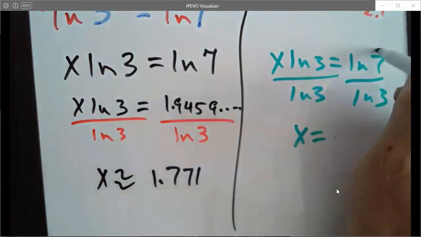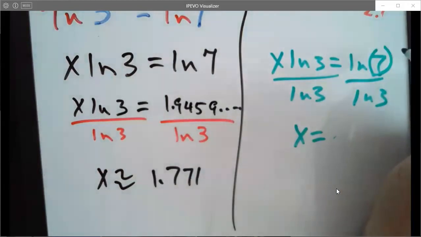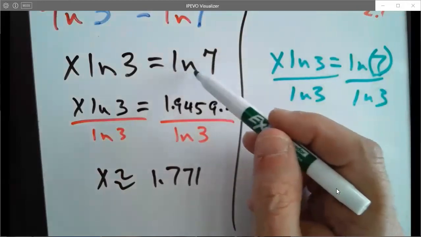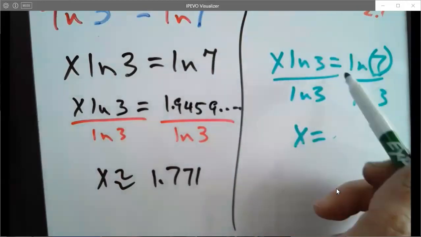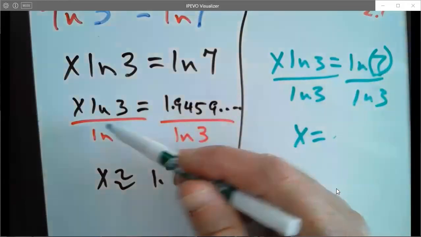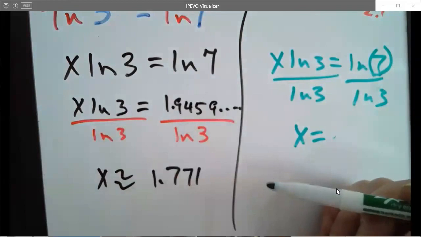The problem with this is if you don't close the parentheses here, you'll get an error, and a lot of students don't do that. So that's why I go ahead and figure out what natural log 7 is first, and that eliminates that error. That way you can divide by natural log 3.